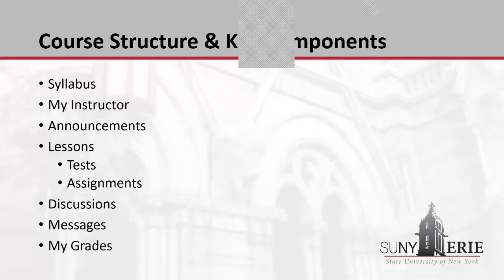So your course menu, when you select a class, will likely have options such as these. The syllabus to go over your course expectations, guidelines, and requirements. Your instructor might include a My Instructor section to talk about office hours or give you a little background on themselves. Course announcements, of course, when your professor wants to make an announcement.